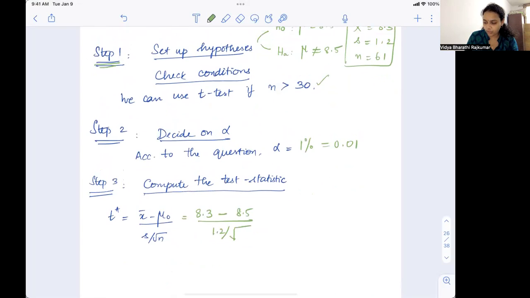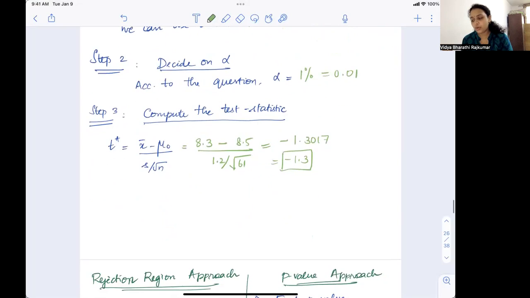So this is what we want to compute. Well, let me pull out my calculator and check what the answer is. So 8.3 minus 8.5 is minus 0.2. So it's going to be minus 0.2 divided by 1.2 over the square root of 61. And that turns out to be minus 1.3017. We could just take it to be minus 1.3. Okay. So that is our test statistic.